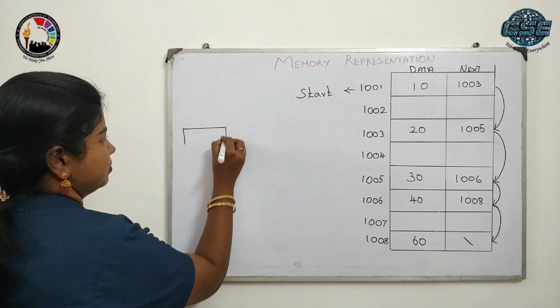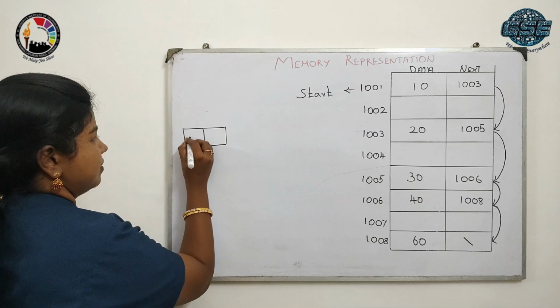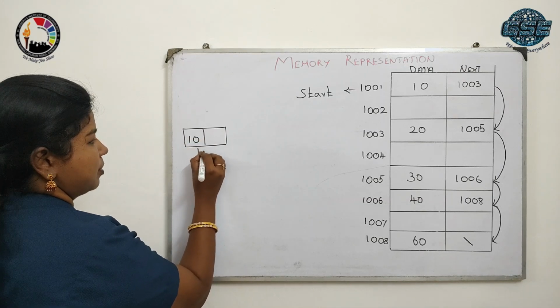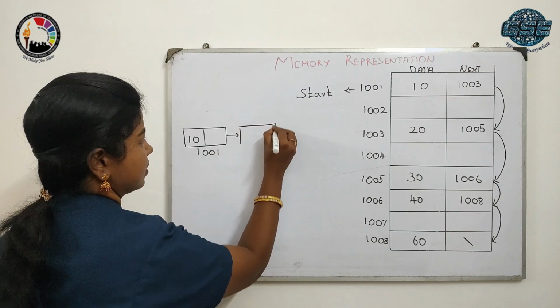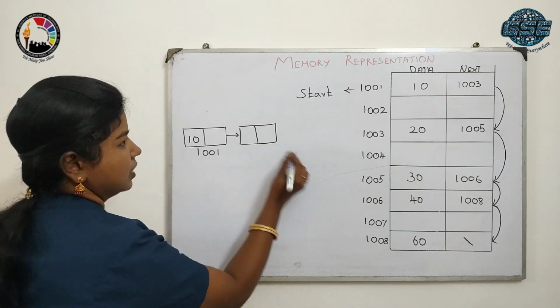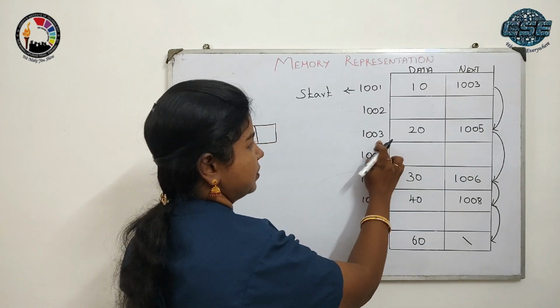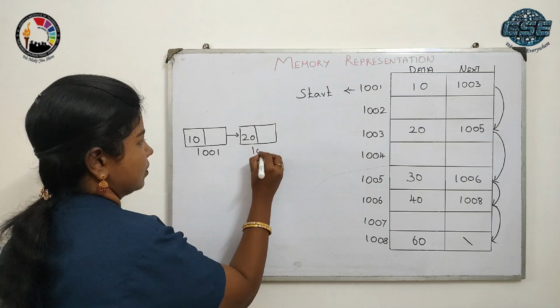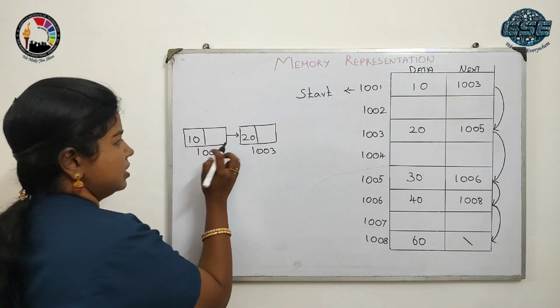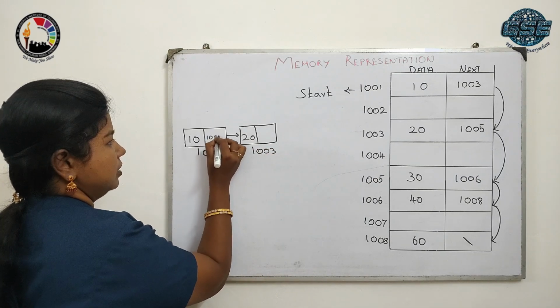So the first node contains the value 10, which is at memory address location 1001. The next node is at 1003, where the value 20 is stored. So this takes the value 1003.